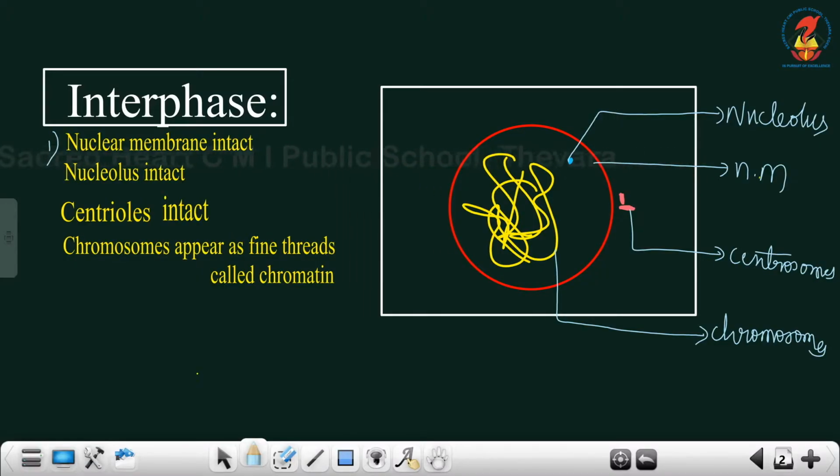Look at the nuclear membrane. It is intact. The second point, look at the nucleolus. That is also intact and prominent. Third, centrioles, which are outside the nuclear membrane. That is also intact. And fourth, look at the fate of the chromosomes.